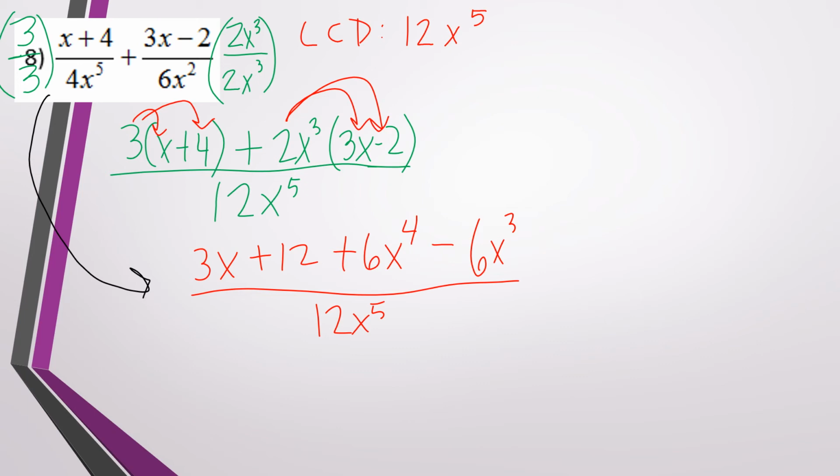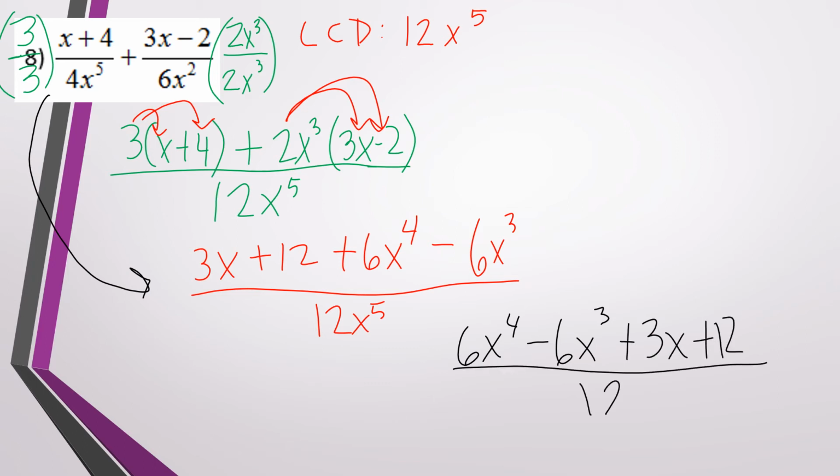My last step then would be to rewrite it in descending order. So 6x to the 4th minus 6x to the 3rd plus 3x plus 12 over 12x to the 5th. Did I screw something up here? Let me make sure.